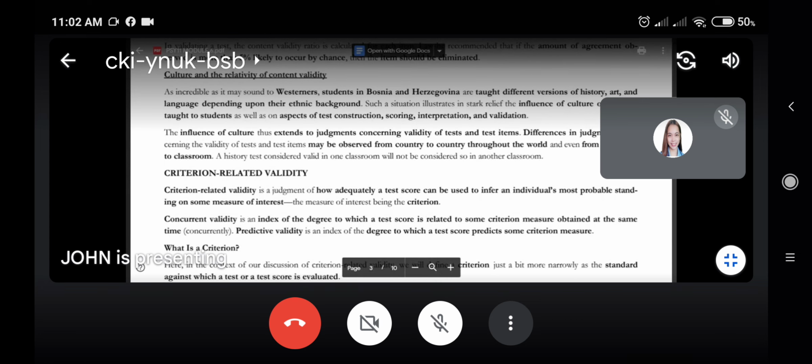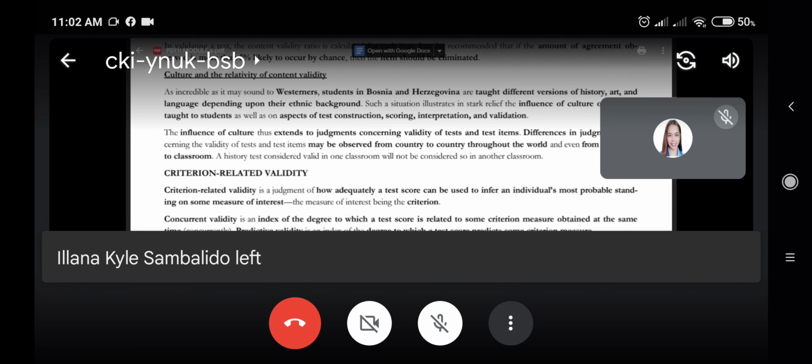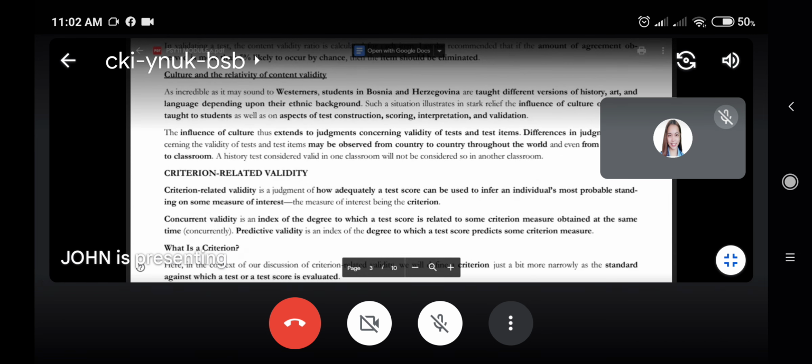Okay? Lalo na like what test is that, the differential aptitude test, differs kasi parang sa DAT, like for example in the mechanical ability, when it comes to mechanical ability, the norm of men is higher than women.